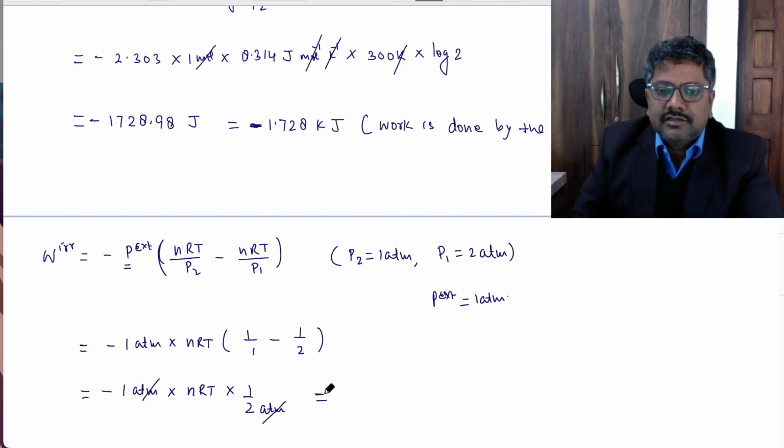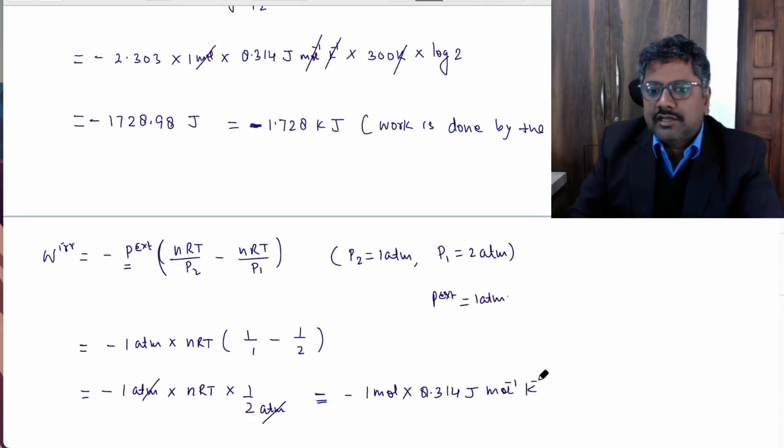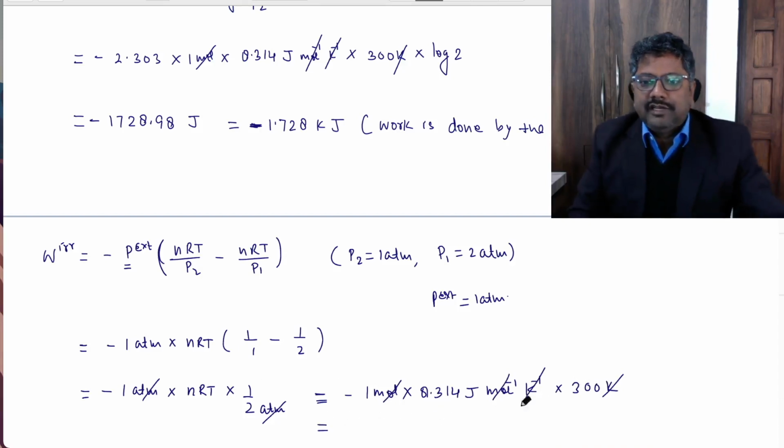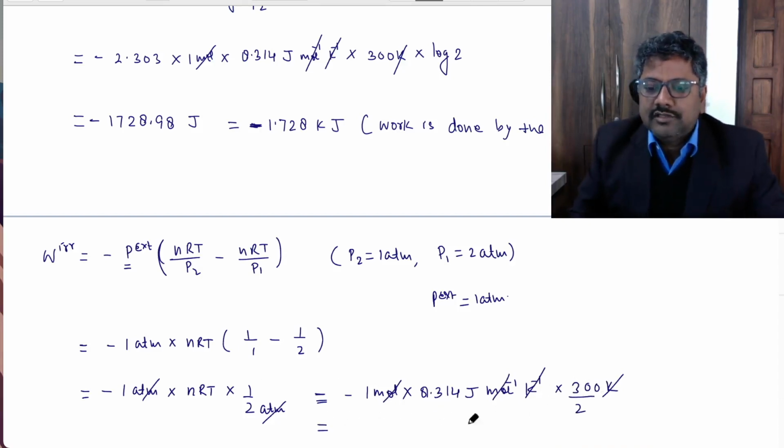So minus 1 mole into 8.314 joules per mole per Kelvin, and temperature is 300, and we have by 2.